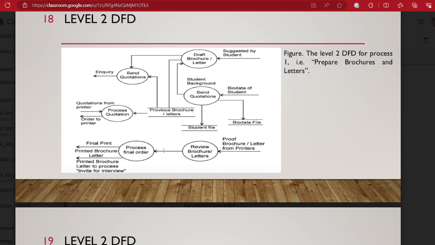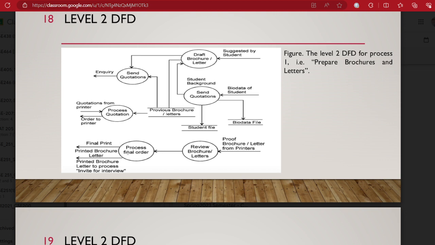Okay, so level 2 DFD will contain the most specific, most detailed, and most accurate representation of the abstraction of your software that you can expect. And in level 2 DFD, we can also expect no bi-directional data flows.